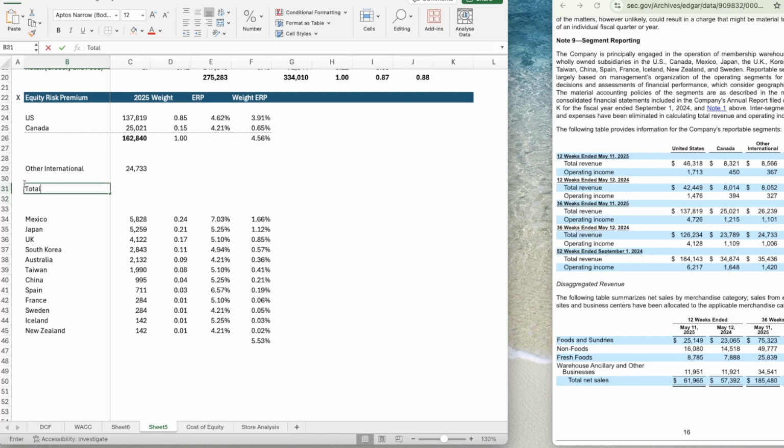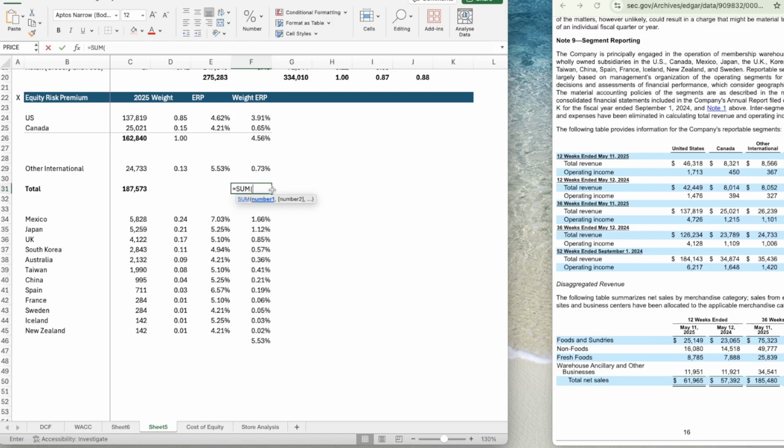We do need a total revenue, and that's going to be the ERP is, then we go, now we have it. 0.73.